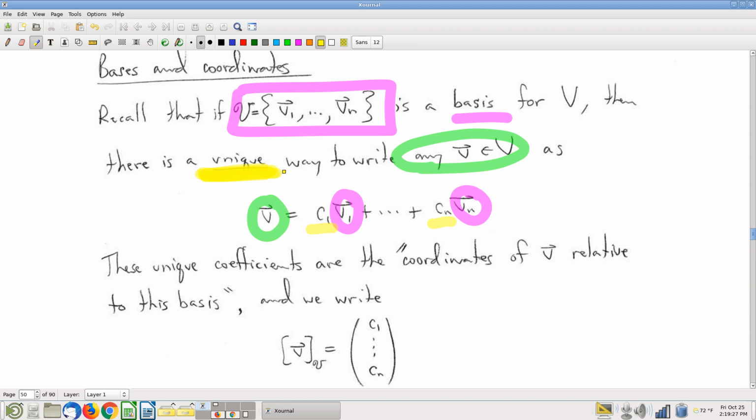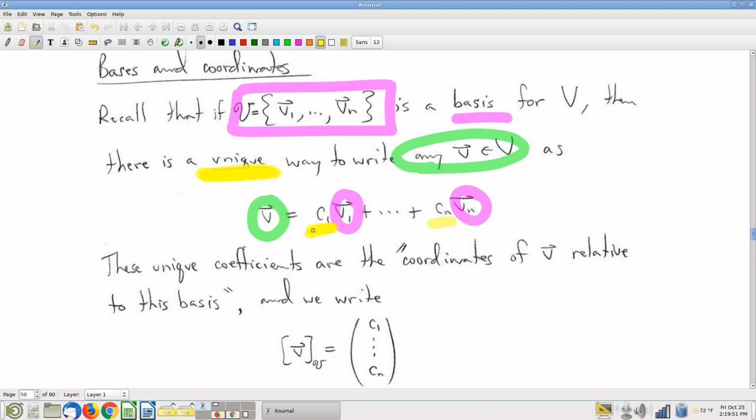Right? So there is exactly, no more, no less, one way to write an arbitrary vector v as a linear combination of basis vectors for that vector space. Since there is, in fact, only one way to do it, there's always one way to do it, and there's never more than one way to do it, I can give this a name.